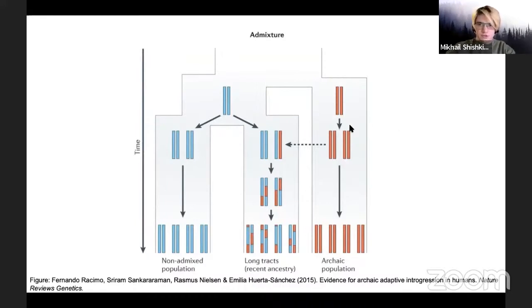So for example, here we have some admixture from an archaic population, and red color indicates loci that were inherited from the archaic population.